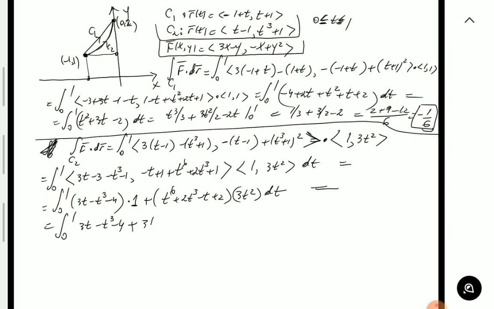And then plus 3t to the power 8. We're going to have 6t to the power 5 minus 3t third plus 6t squared dt.